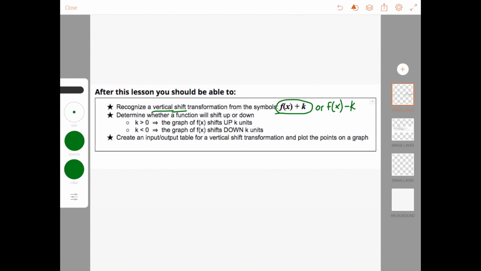Second, we want to be able to determine whether a function will shift up or down. Again, that's determined by our k value, whether it's greater than 0, less than 0, positive or negative. And lastly, we want to be able to create an input or output table for a vertical shift transformation and plot the points on a graph, which we did in our second example.